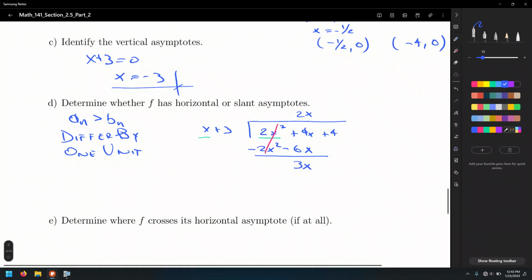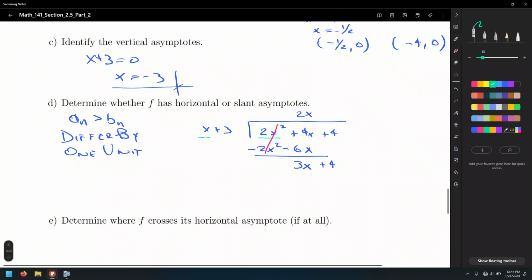And then 3x. So that's the new leading term. In this case, first of all, drop the next term. That's the independent term. The way the division algorithm works is that we need to check the first remainder that we get. If the degree of the first remainder that we get is still higher than or the same as that of the divisor, then we still need to do another iteration of the division.